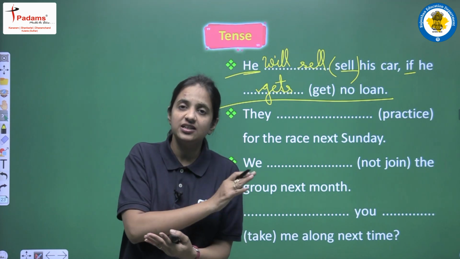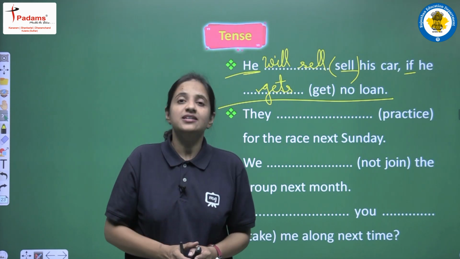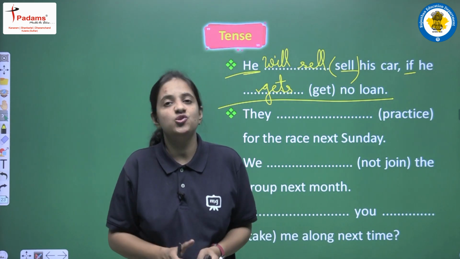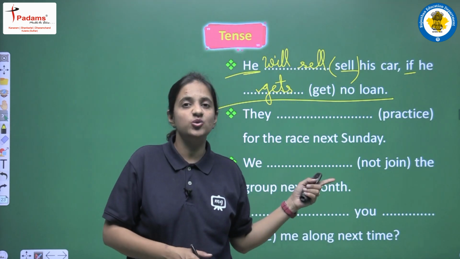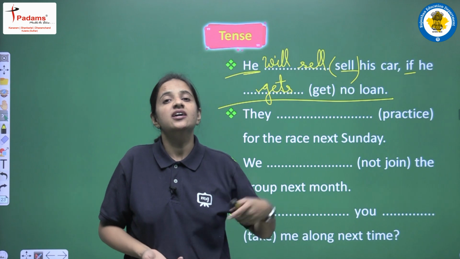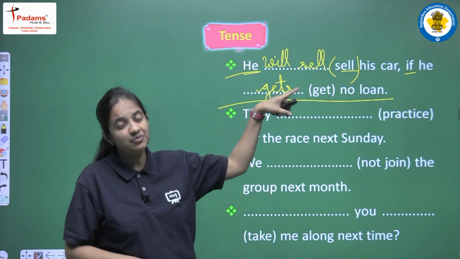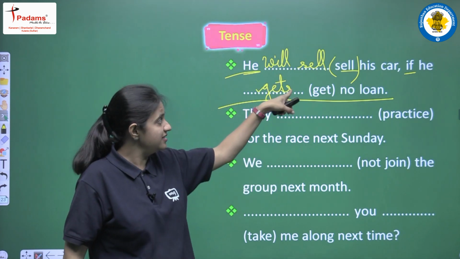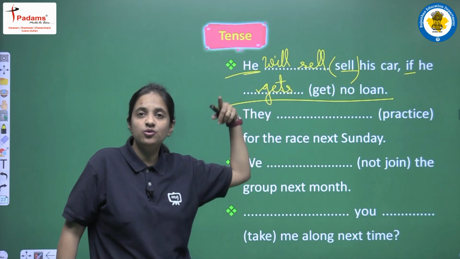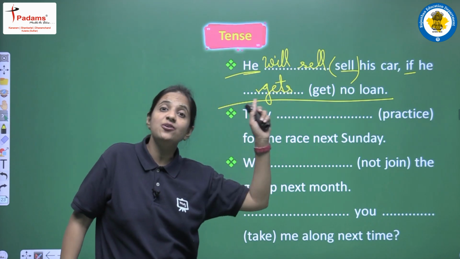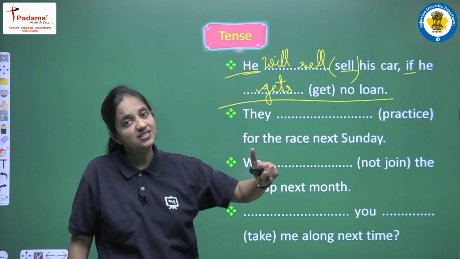Just follow the structure in a proper manner, just follow the structure of the complete conditional sentence. But yes, you can fill both the blanks using any of the structures, right? Right now we are using this combination, that is present simple and future simple. But yes, in such sentences जहाँ पे दोनों ही clauses में blanks हैं, so yes you can write any one structure, you can use any structure here, right?